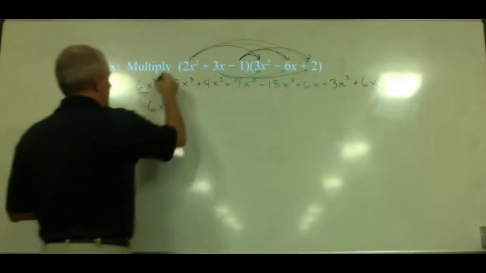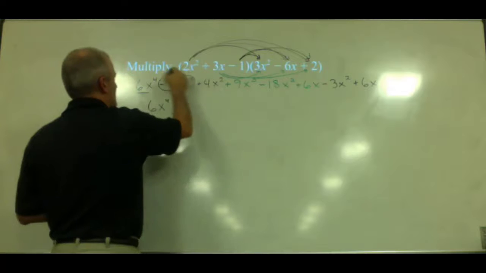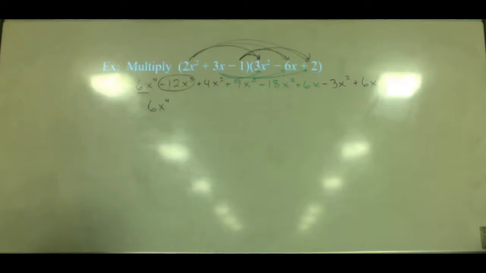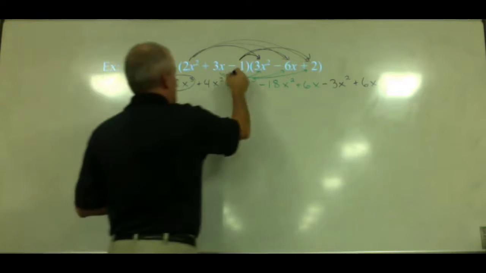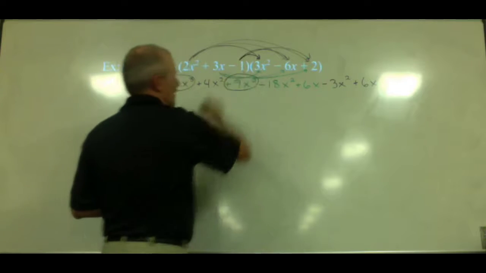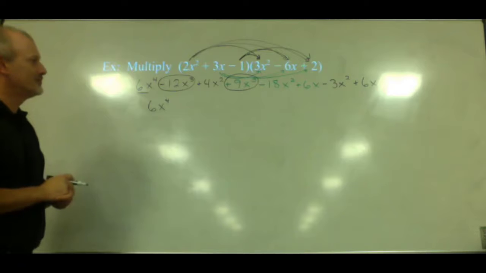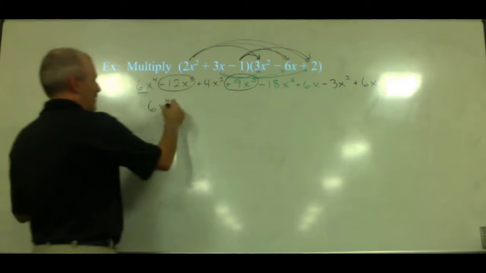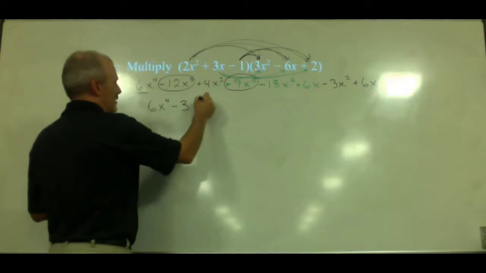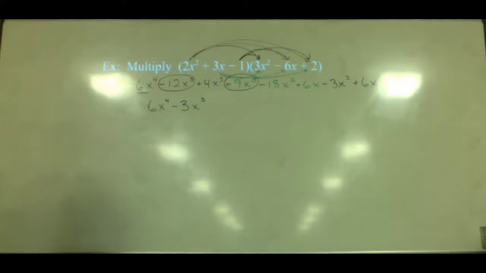So let's go to the next one. We've got negative 12x cubed. Is there anything else we can combine with that? 9x cubed. So what do we get when we combine those two? Negative 3x cubed, right?